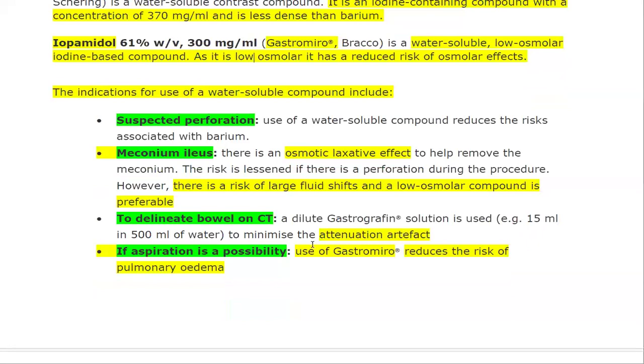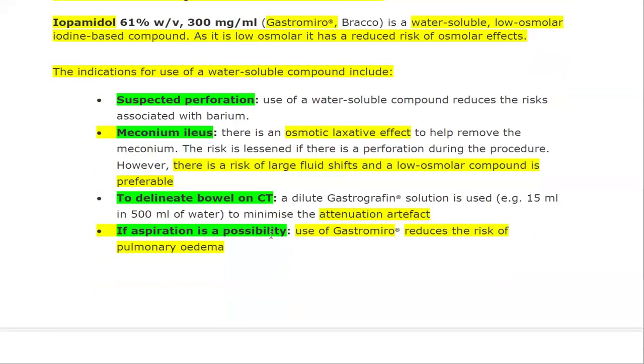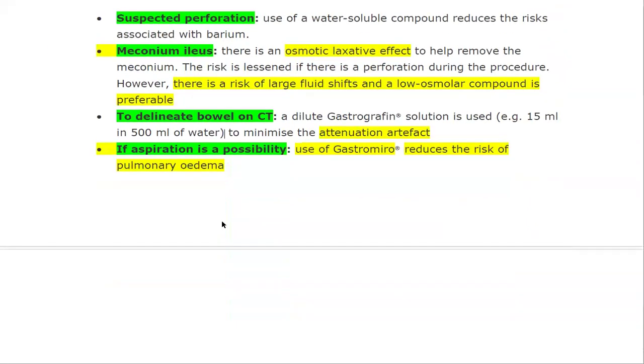Okay. As I told you, you can use this with the CT scan. If aspiration is a possibility when using water-soluble contrast media, you can't use gastrografin. You will use gastromiro instead because this will reduce the risk of pulmonary edema.